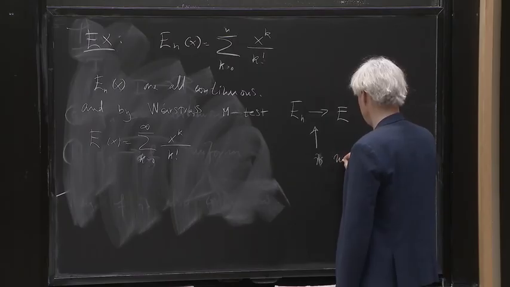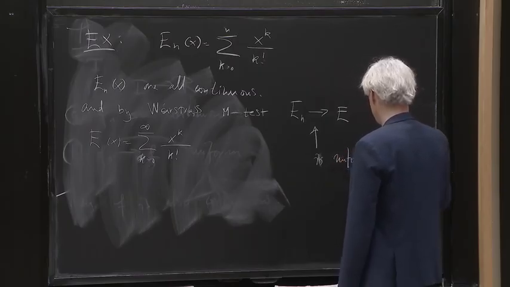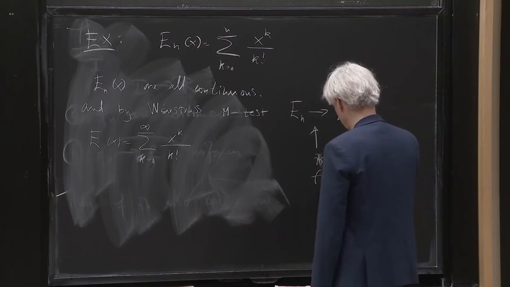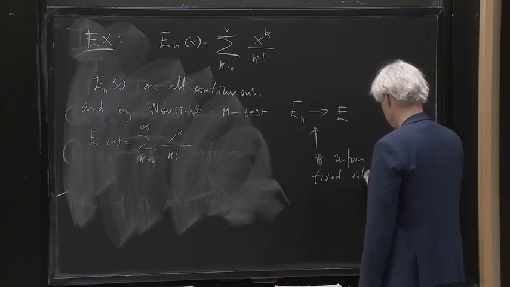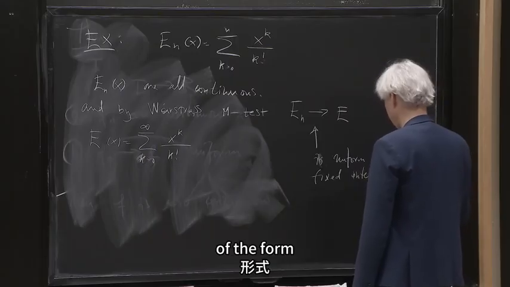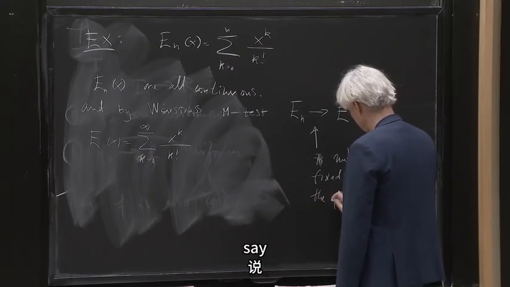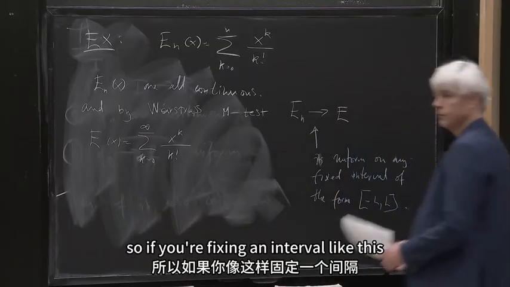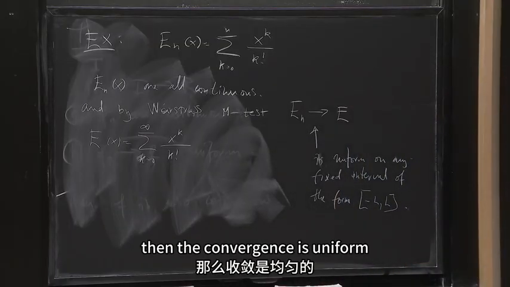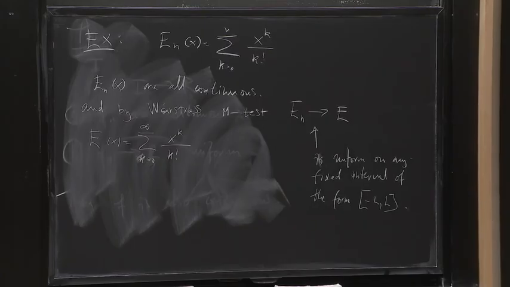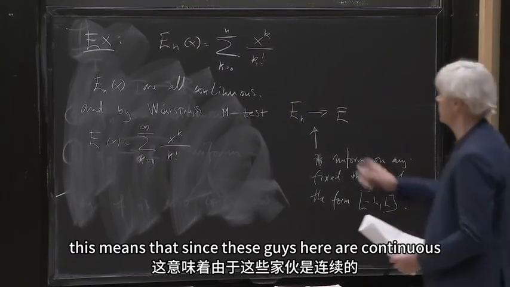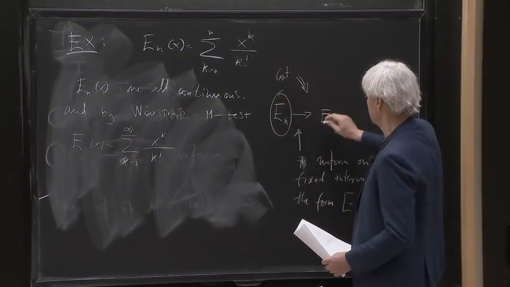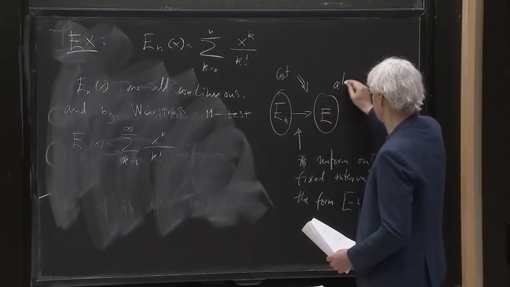So it's uniform on any fixed interval of the form, say, minus L to L. If you're fixing an interval like this, then the convergence is uniform. And since these are continuous, it implies that this one here is also continuous.